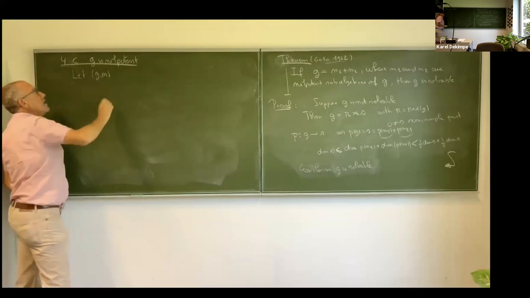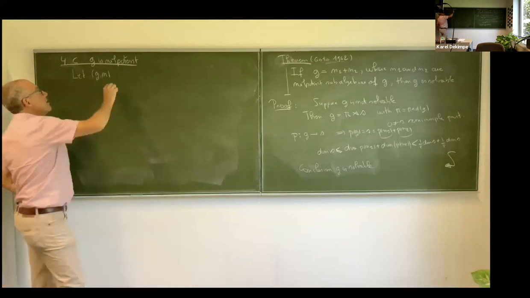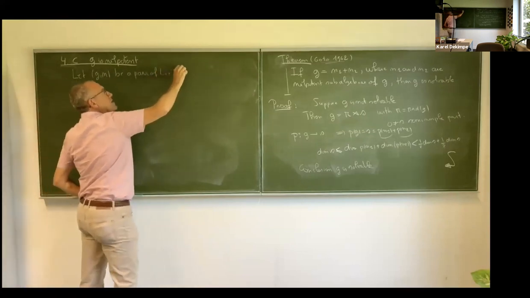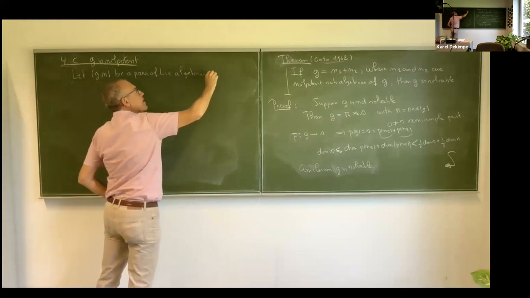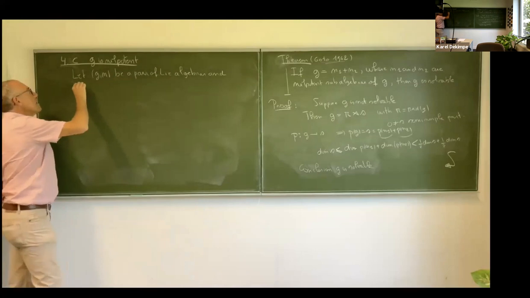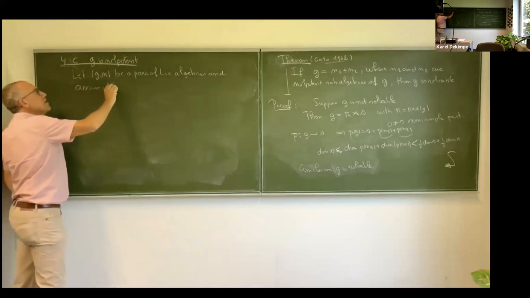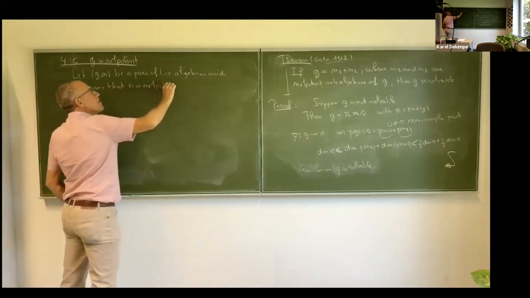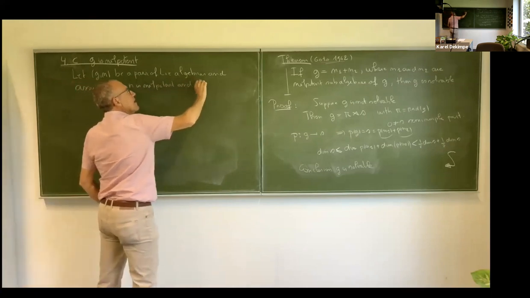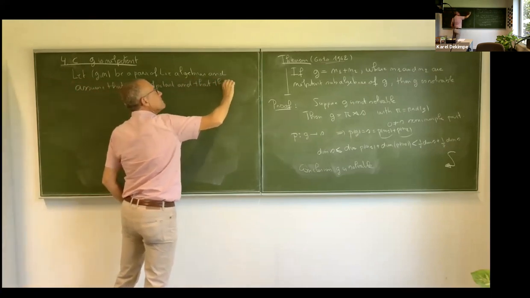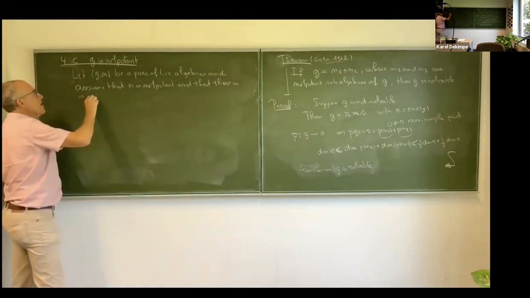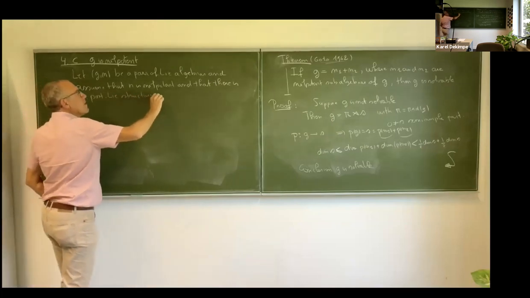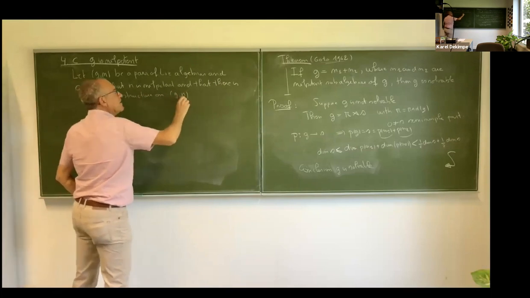So let (g, n) be a pair of Lie algebras, and assume that n is nilpotent, and that there is a post-Lie algebra structure on (g, n).